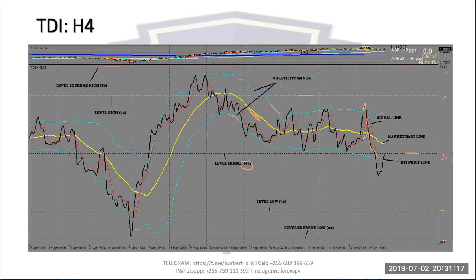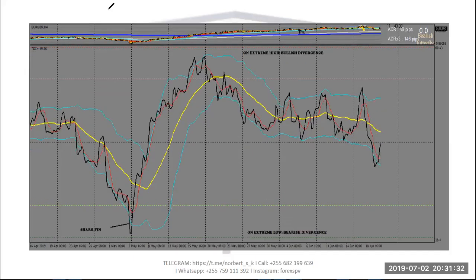Now, when price reaches extreme levels, like it's in level 3 and it's a big extension, you'll find that the TDI, the RSI price line, is on the extreme levels, on the extreme low or on the extreme high.